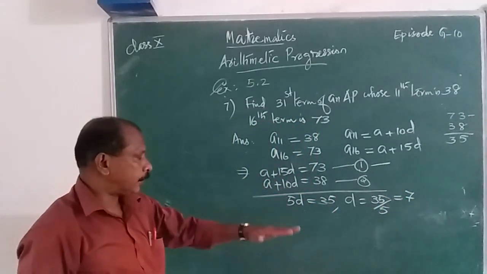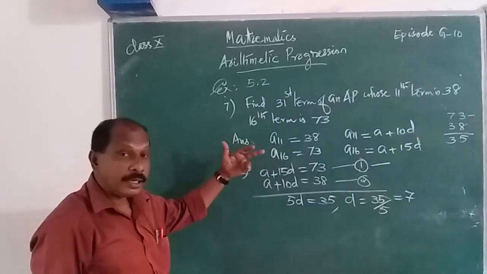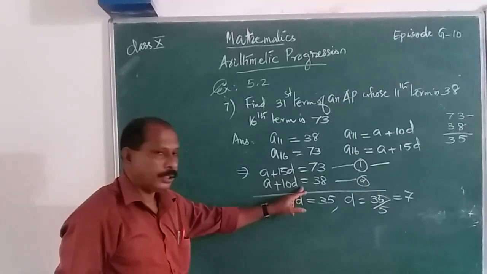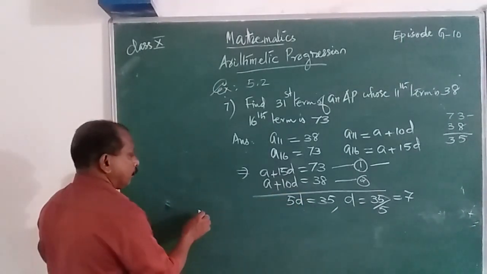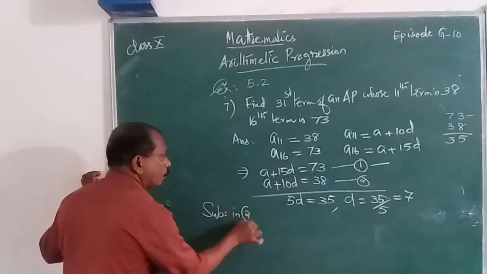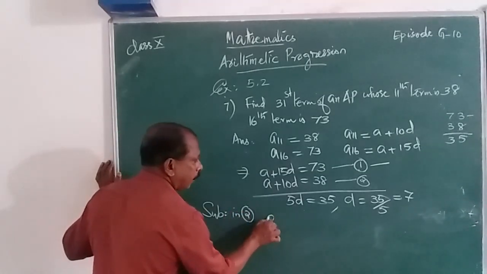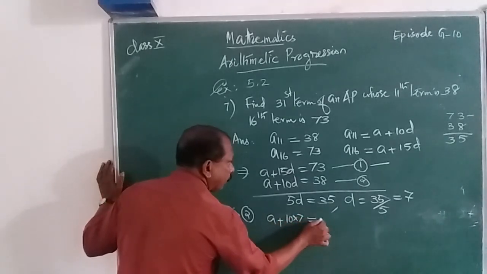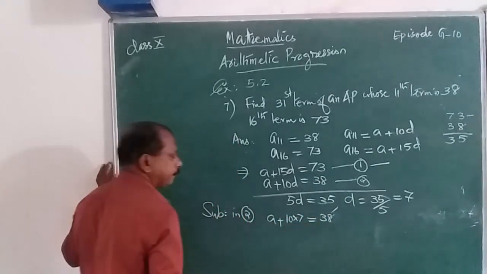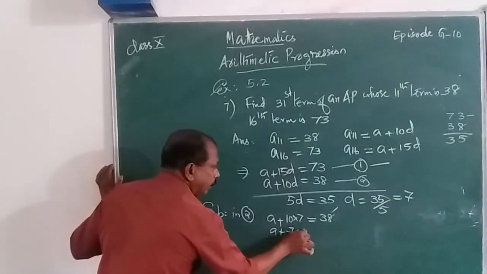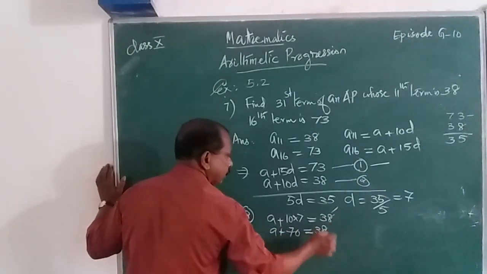Then substitute this value in any one of the equations. The small equation is the second equation. Therefore, substitute in 2. That is A plus 10 into 7 is equal to 38. That is A plus 70 is equal to 38.